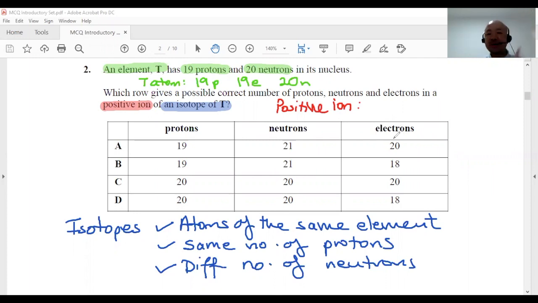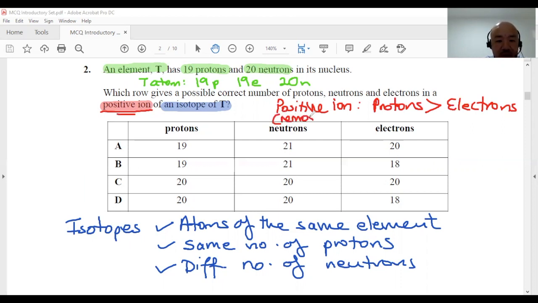To form a positive ion, 1 plus charge or 2 plus charge or 3 plus charge, it must have given electrons away, such that right now the number of protons must be more than the number of electrons. So when you get a positive ion, you remove electron or electrons, depending on how many we removed, which shows protons more than electrons.